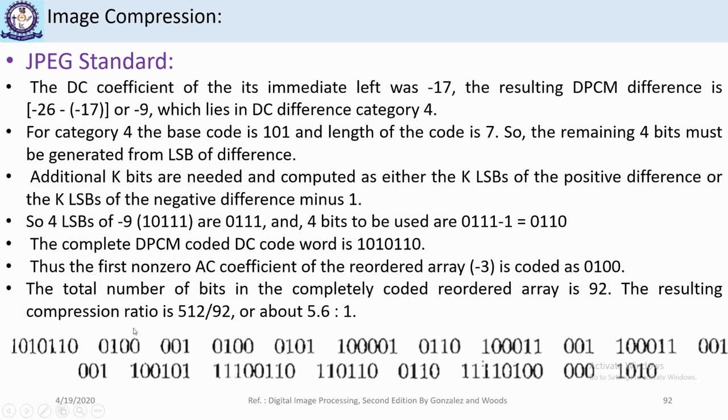So the total number of bits is 64 into 8, that is 512. So 512 bits are required, and we have represented it using only 92 bits. The compression ratio we have got is 5.6. So this is how we compress images using JPEG standards.